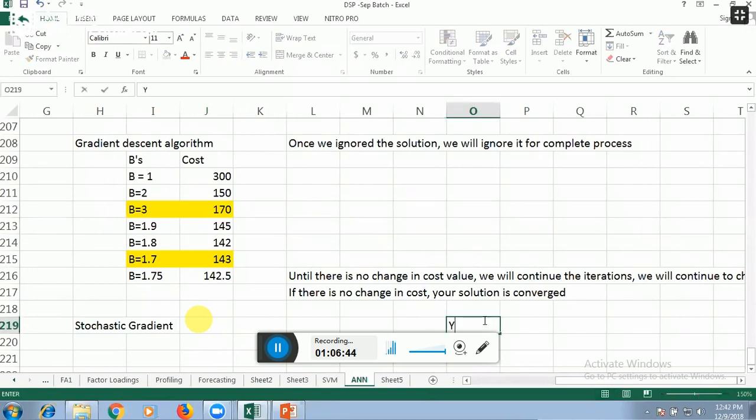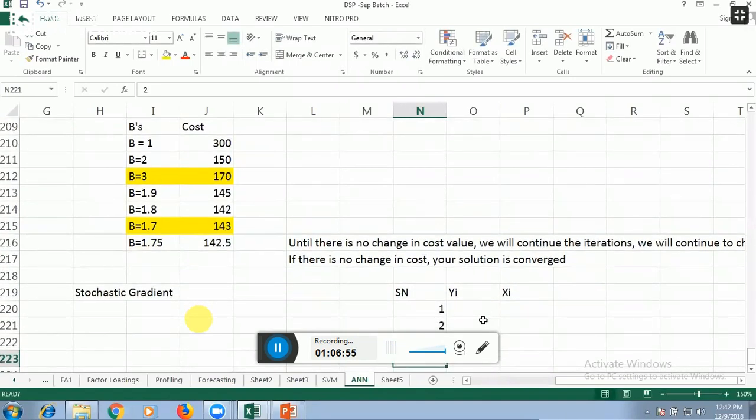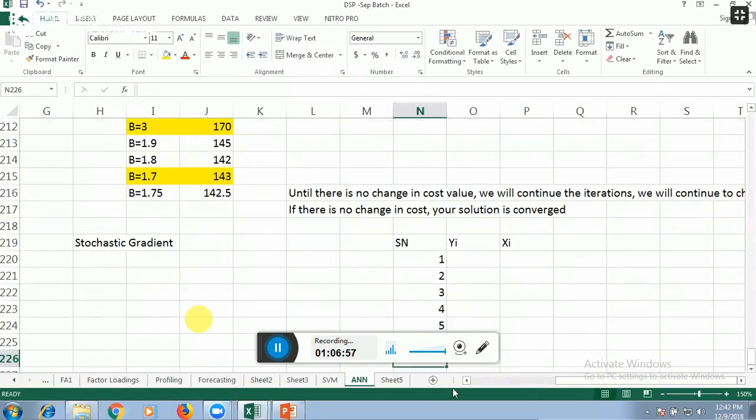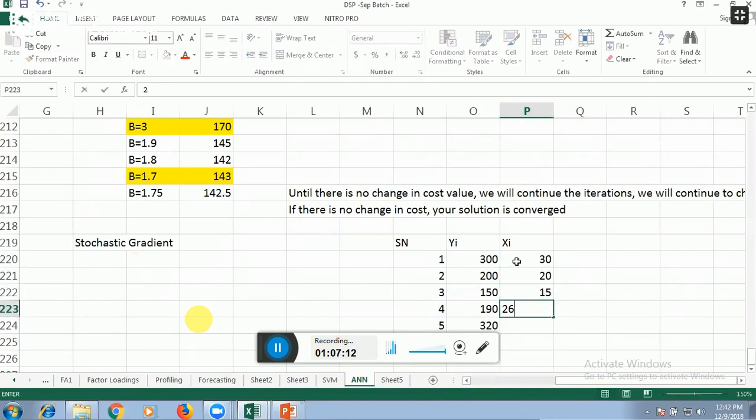Total error means you have your yi, you have your xi. Suppose serial numbers 1, 2, 3, 4, 5, 6, and suppose I have 5 observations. Your y values are, for example, 300, 200, 150, 190, 320, and xi is, for example, 30, 20, 15, 25, 26, 32.